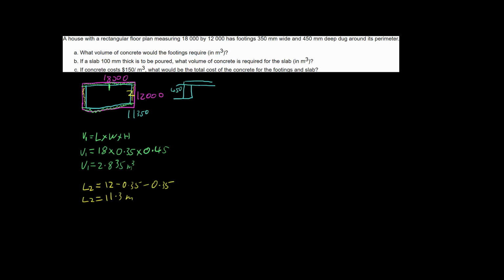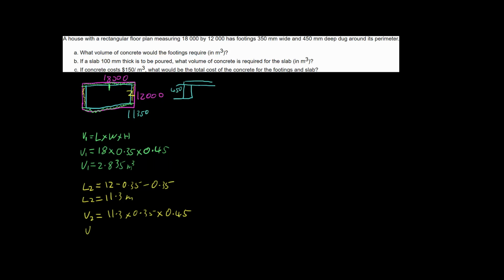Now we can calculate our volume for that section. So we have 11.3 times our width of 0.35 times our height, which is our depth of our footing, of 0.45.